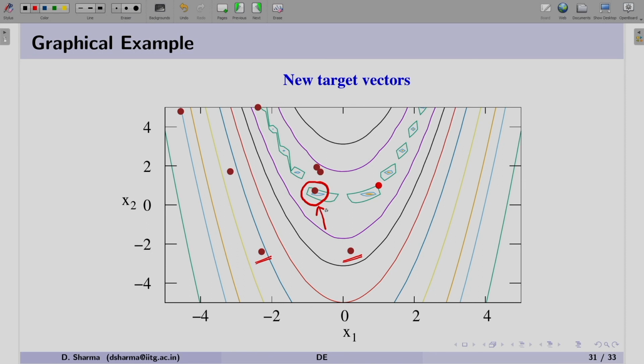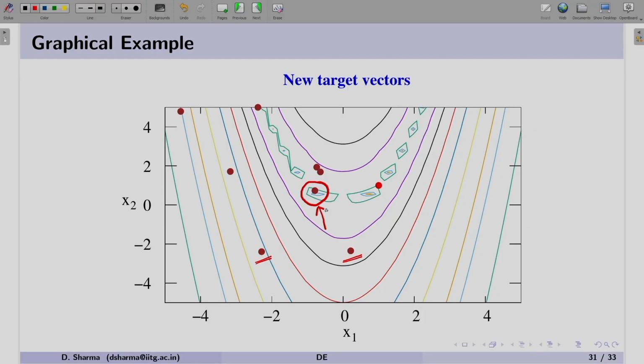This solution will try to converge to this local minimum, but using the parallel search property of evolutionary computation, the other solutions will help this solution come out and then move towards the optimum solution, as shown in the red color. This way, generation by generation, these vectors will move towards the optimum solution for the problem.